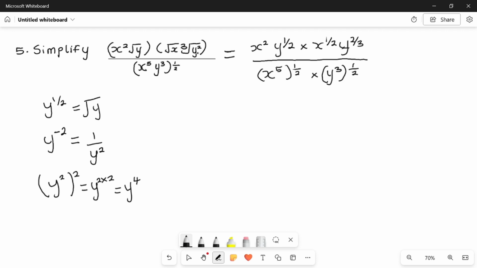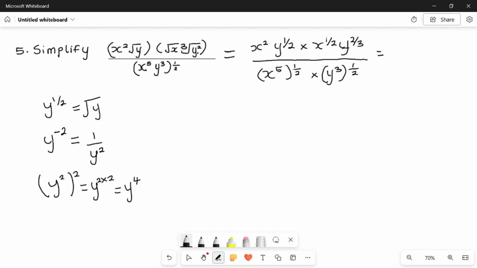From here we can further break it down, but let's rearrange them first. This x raised to power 1 over 2 will come close to this other x because they are the same base, and this y will come closer to this other y because they are the same base.